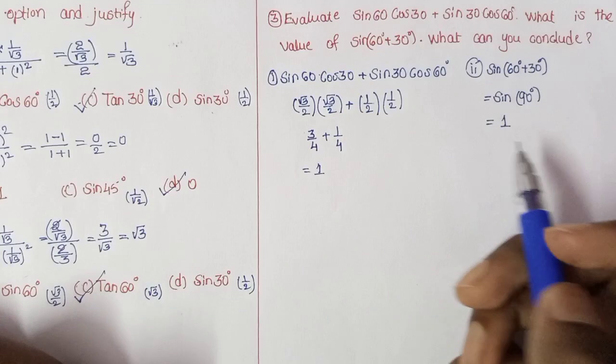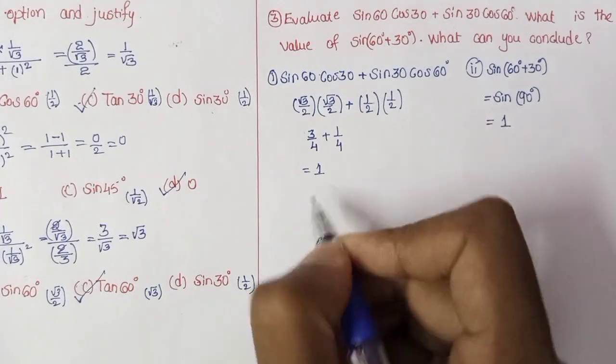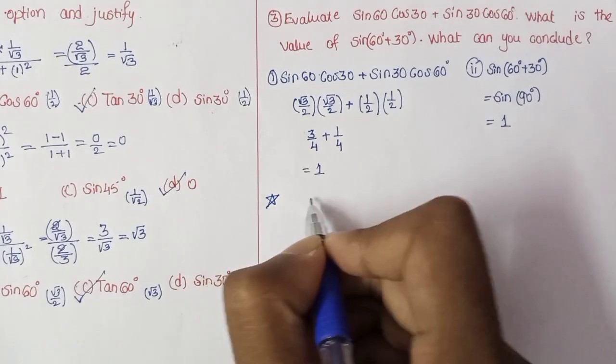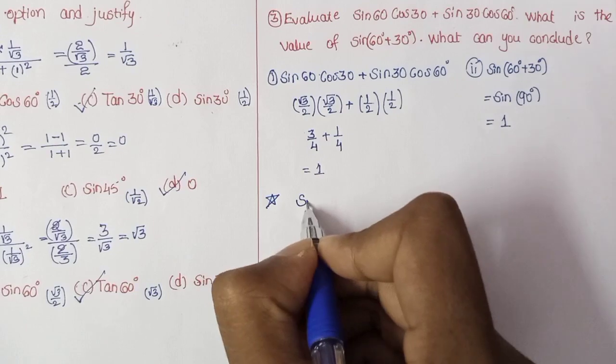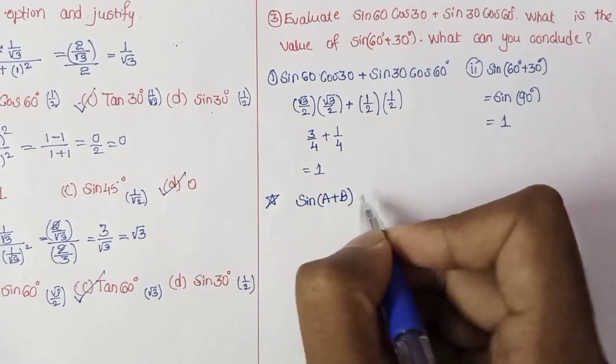From these two, what can we conclude? The conclusion is, this is very important, sine of A plus B. Let's say A and B are any angles.